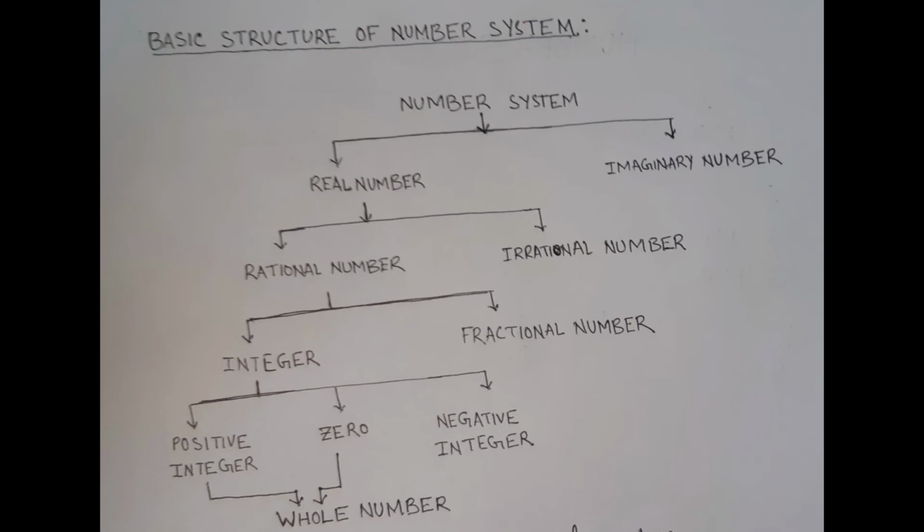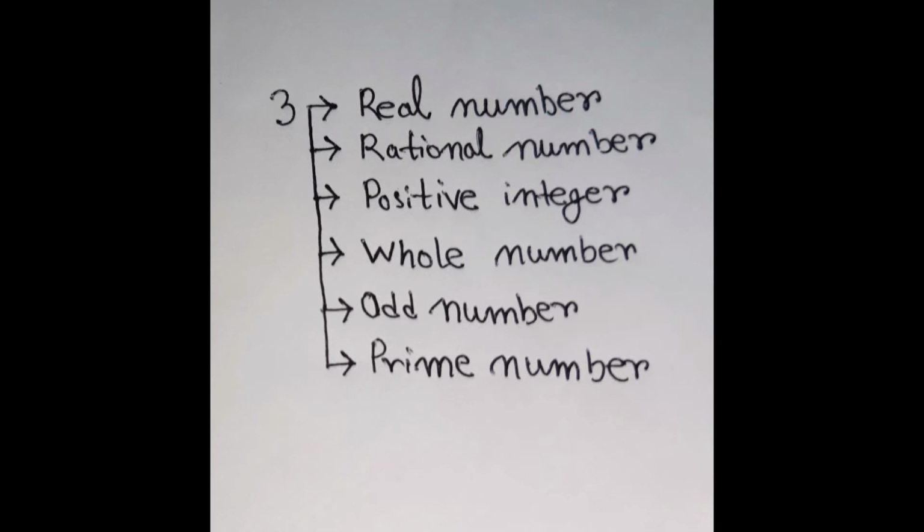So at the end of our topic, we have a number 3. How do we define 3? At first, 3 is a real number, then 3 is a rational number, and 3 is a positive integer, and also 3 is a whole number. After that, 3 has some special characteristics, like 3 is an odd number because it is not divisible by 2, and also 3 is a prime number because it is divisible only by 1 and itself.